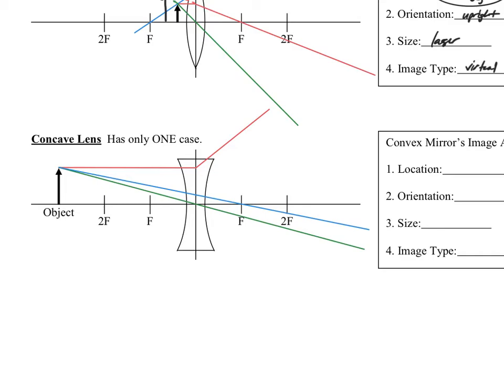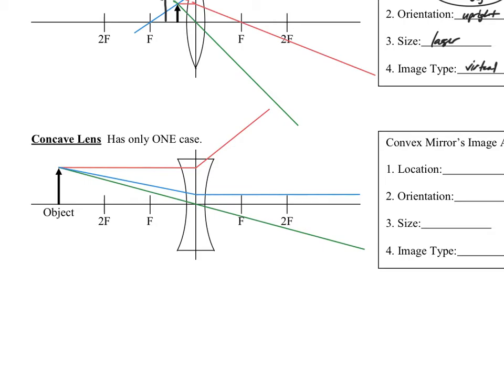But I know that once it does that, it refracts parallel. So our refracted ray is going to look like this. So now I can move this back, and this is what it should look like. Like it's going through F, it refracts parallel.